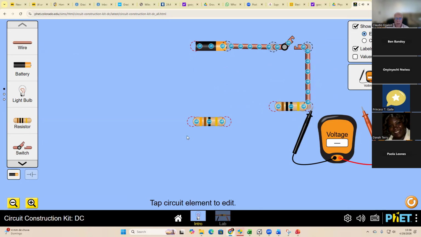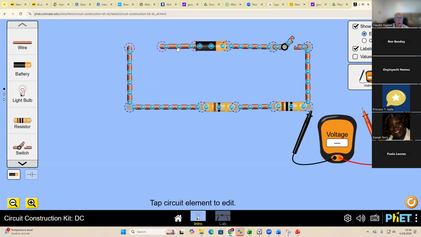And the other wire connected to resistor number 2. And we are going to close the circuit.